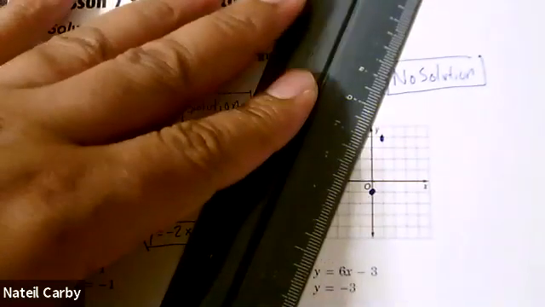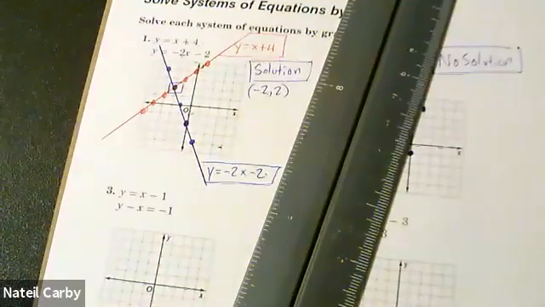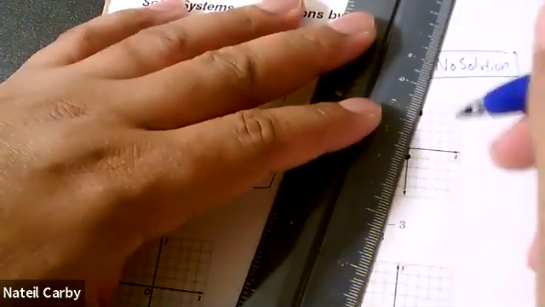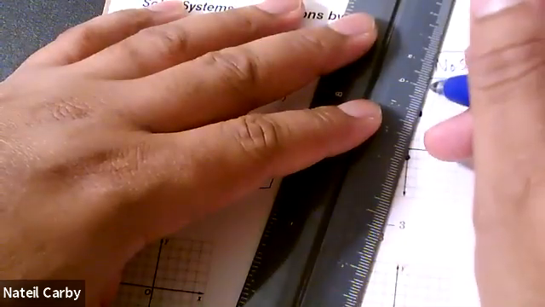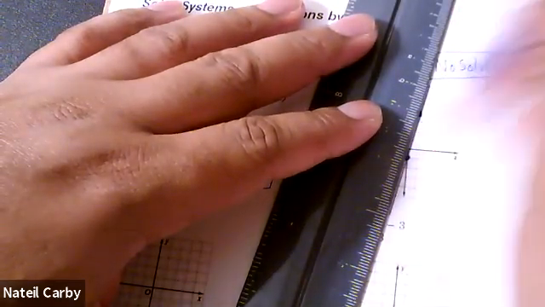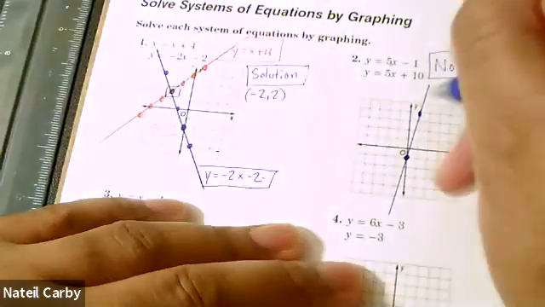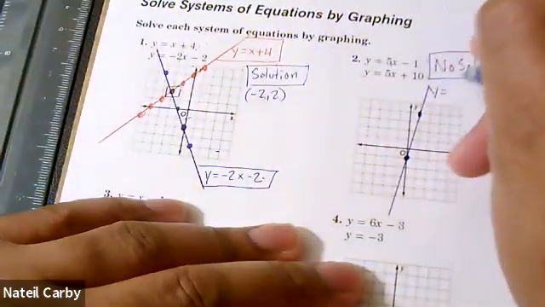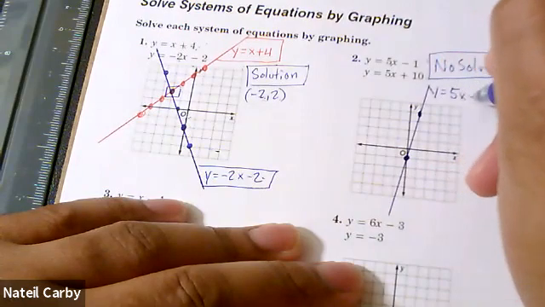Okay, camera's in the way here. Y equals 5x minus 1.